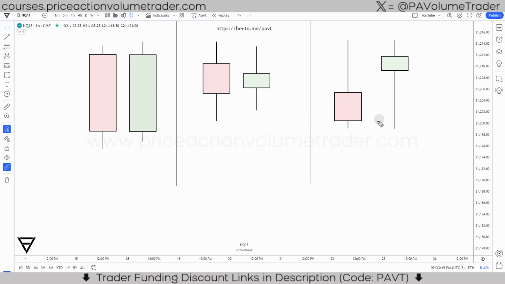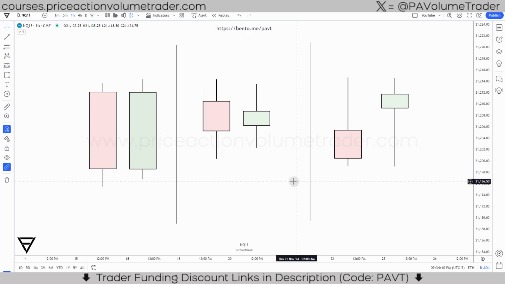So this will be what we would call a bearish pin bar candle or inverted hammer, and this will be a bullish pin bar candle.